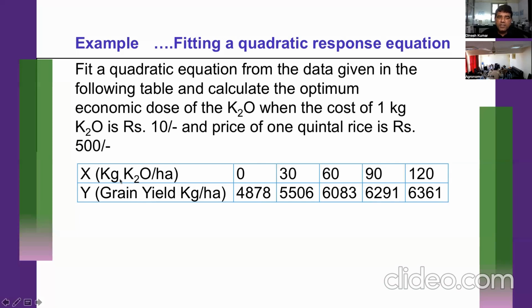So here X is the rate of K2O application. Instead of nitrogen in this experiment, you can take potassium or muriate of potash. The levels of K2O are 0, 30, 60, 90, and 120. Here, remember, N is equal to 5. And these are the grain yields in kilograms per hectare. You can have grain yield in tons per hectare also. You can have any unit.